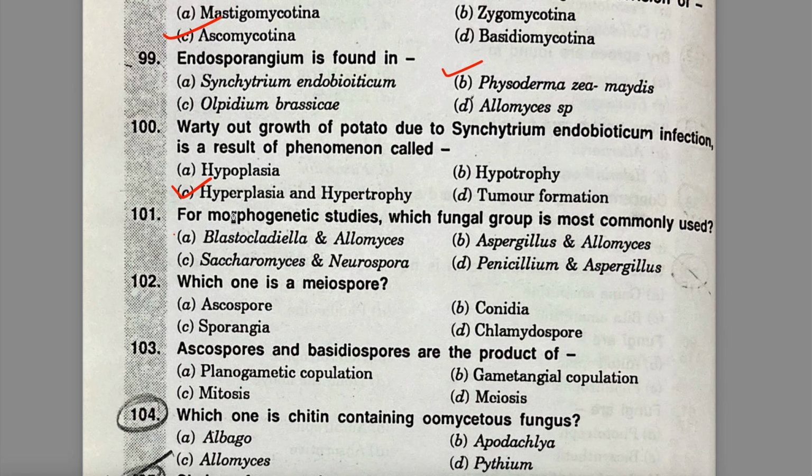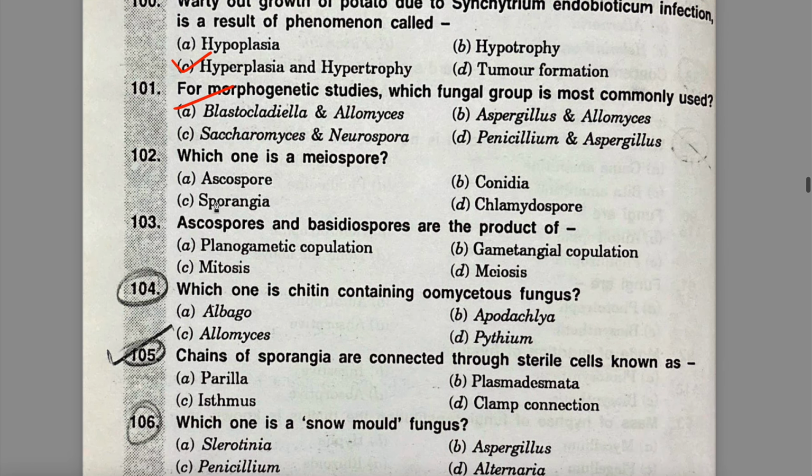It's option A. 102. Which one is a meiospore? Ascospore, conidia, sporangia, or chlamydospore? Answer option A. 103. Ascospores and basidiospores are the product of planogametic copulation, gametangial copulation, mitosis, or meiosis?